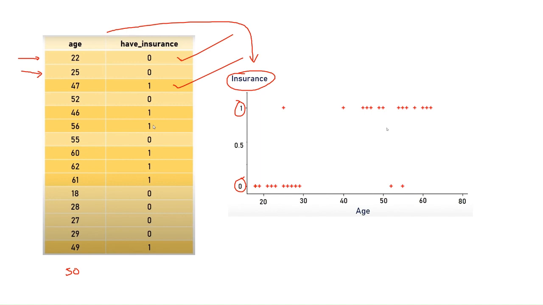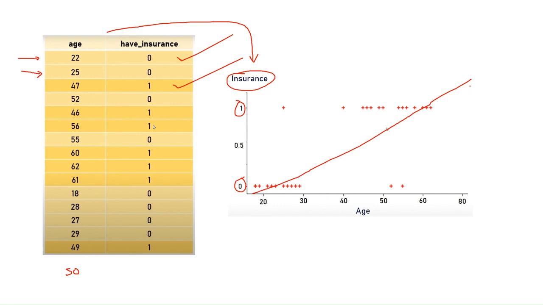For that purpose, can we use linear regression here? Now, what is linear regression? We will fit a best fit line like this. Assume that this is the best fit line.